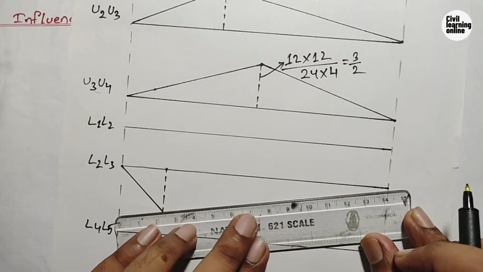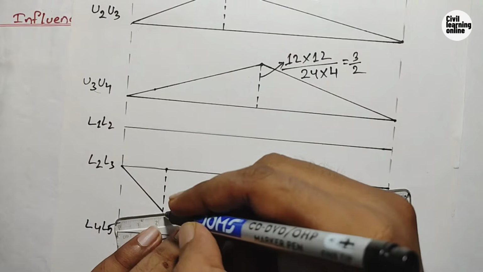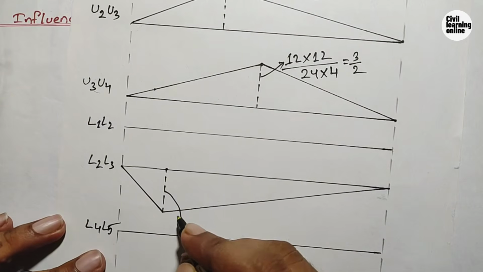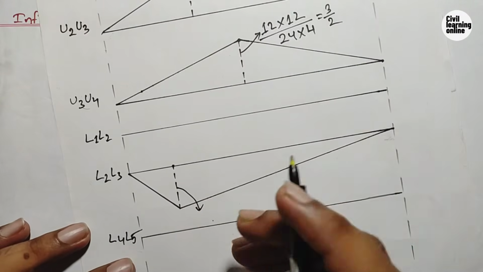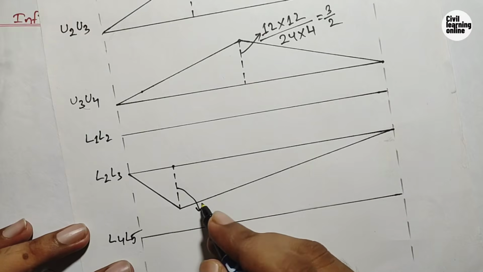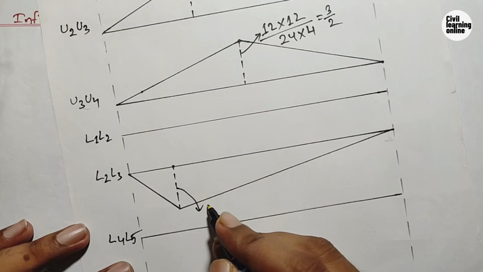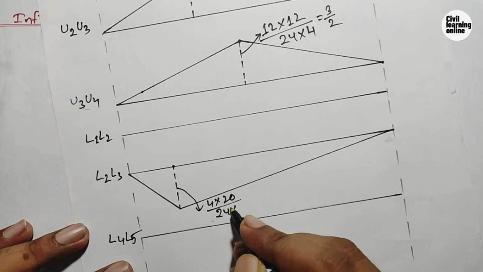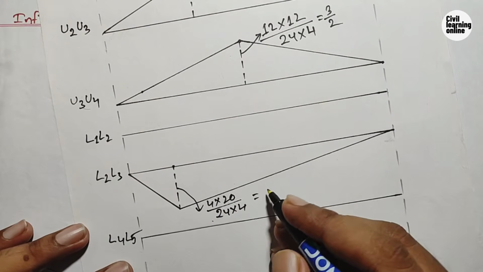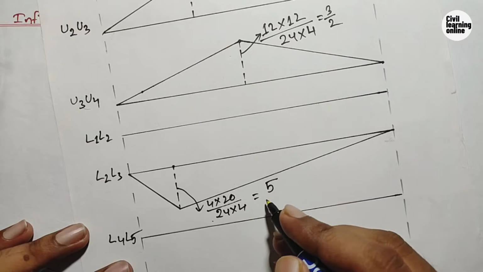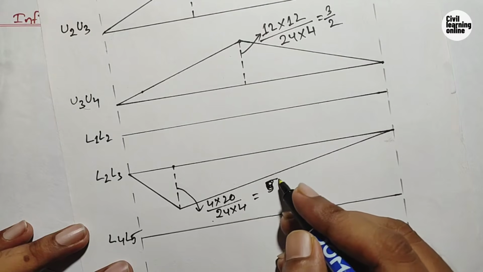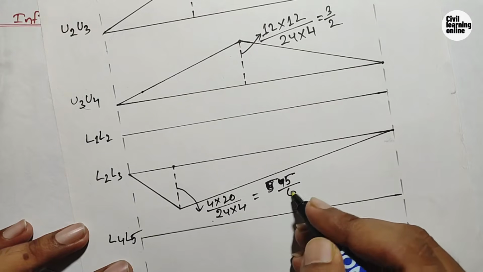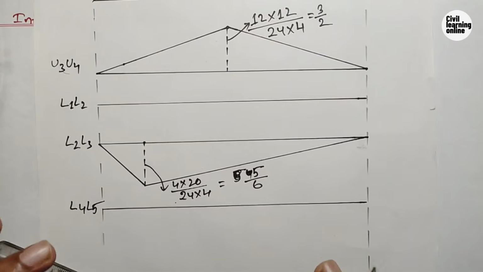So we have here, now join this, and time to calculate the height of this influence line diagram, and its height is going to be equal to A times B, means 4 times 20 divided by whole span times height. Again we will get 5 by 6.